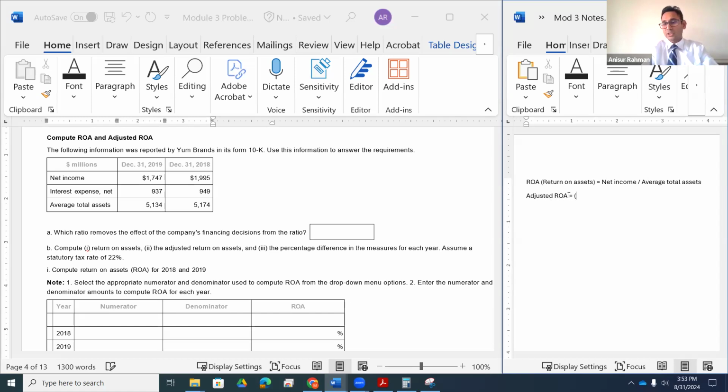We have to make some adjustments to the net income. Net income plus net interest expense times 1 minus the tax rate. And then we'll divide the entire thing by average total assets.